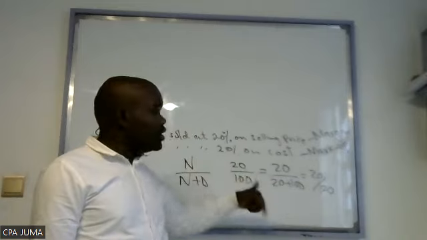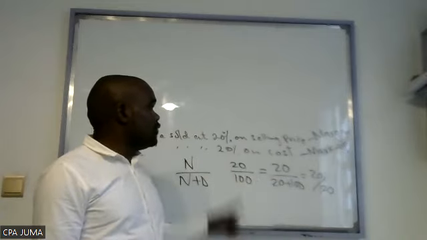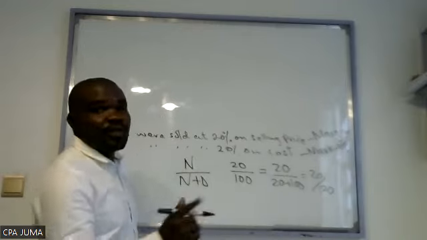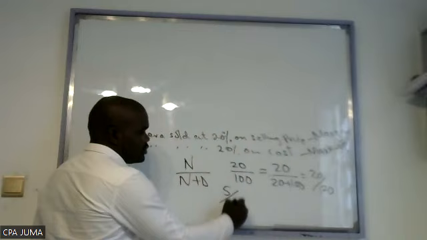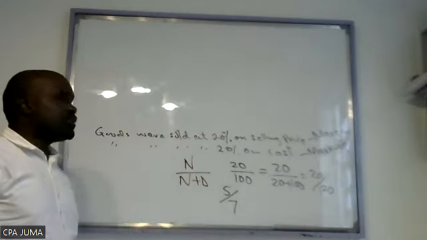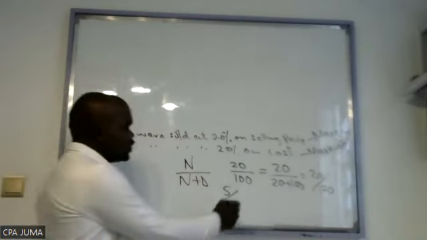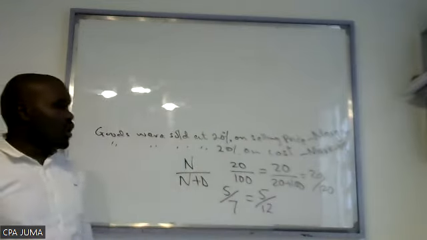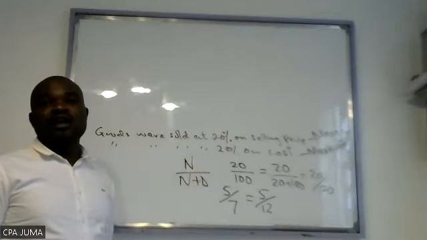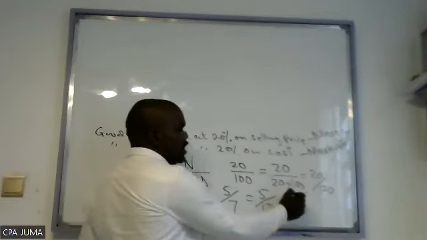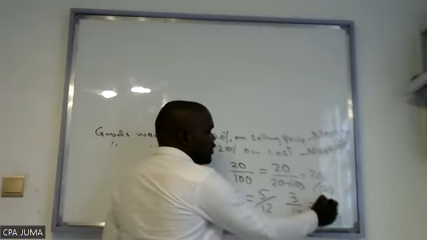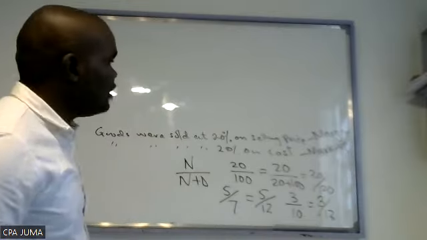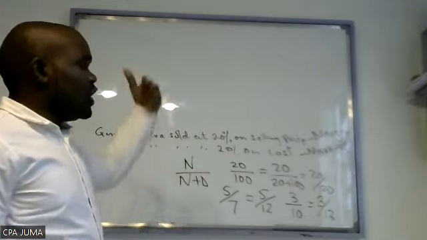If the markup is 5 over 7, then margin will be 5 over 12. You add that to that. So the numerator remains constant. If markup is 3 over 10, margin will be 3 over 13. Like that.